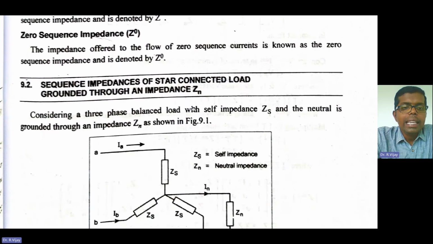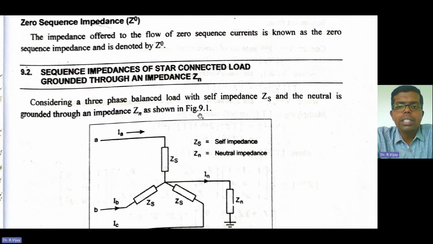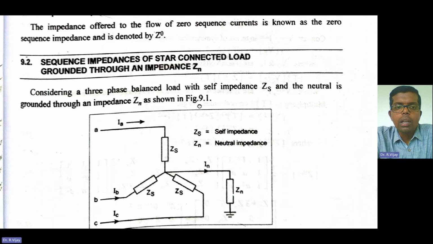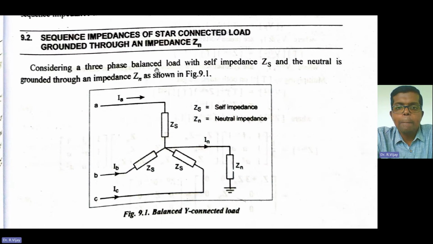Next, sequence impedance of a star connected load grounded through an impedance Zn. Consider a three-phase balanced load with self impedance Zs, and the neutral is grounded through the impedance Zn, as shown in the figure.